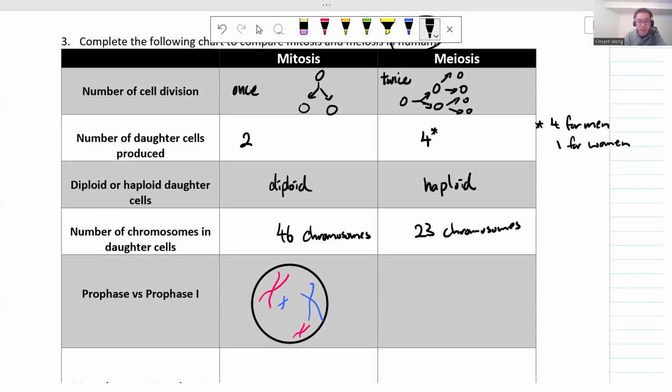They do not find each other. Homologous chromosomes do not find each other. They're just going to be randomly scattered in the cytoplasm.